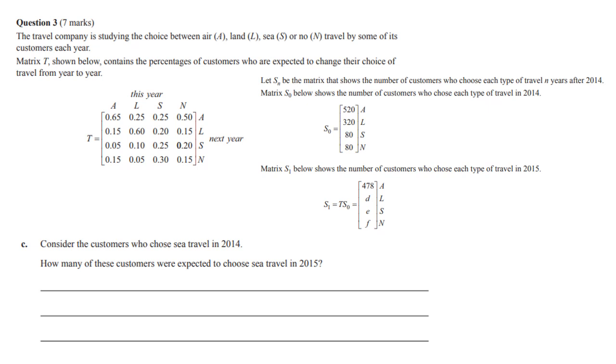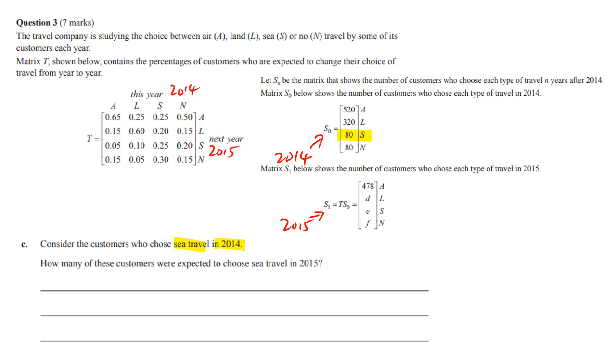So part C says, consider the customers who chose sea travel in 2014. Now, just to remind ourselves, S0 is 2014. S1 is actually 2015. So looking at 2014 and sea travel, well, that's this one because S for sea travel, and there's 80 of them. And it says, how many of these customers were expected to choose sea travel in 2015? So in the transition matrix, this year is 2014 and next year is 2015.